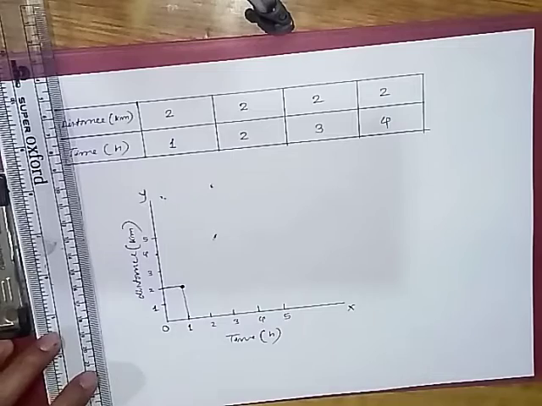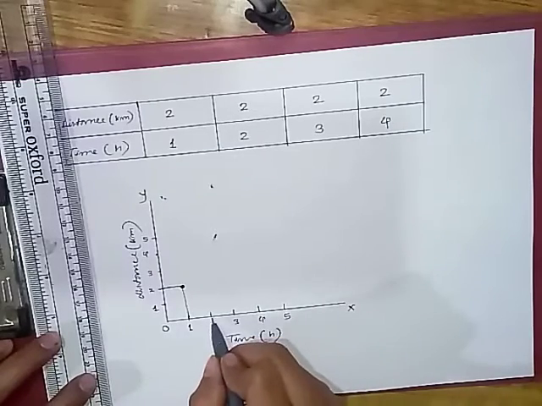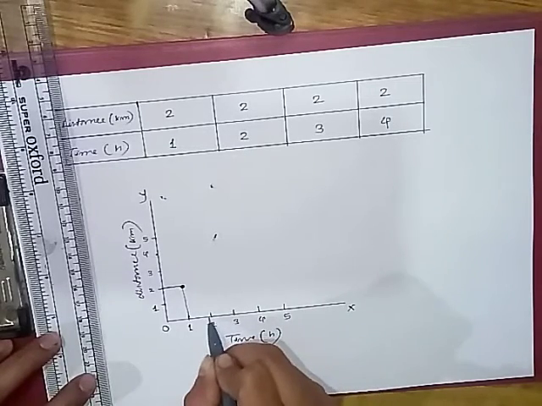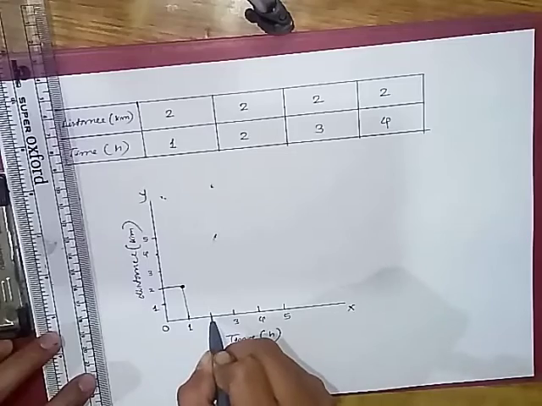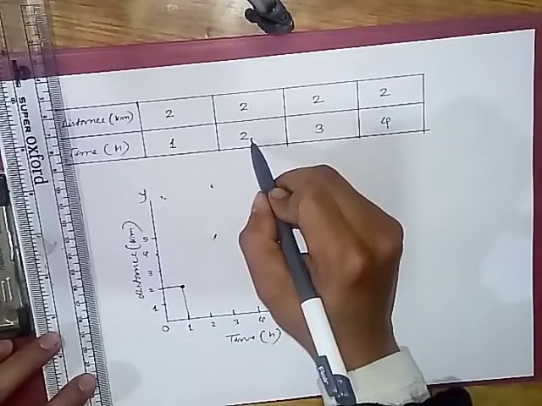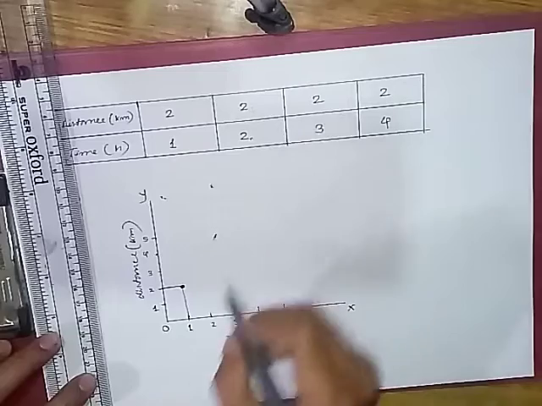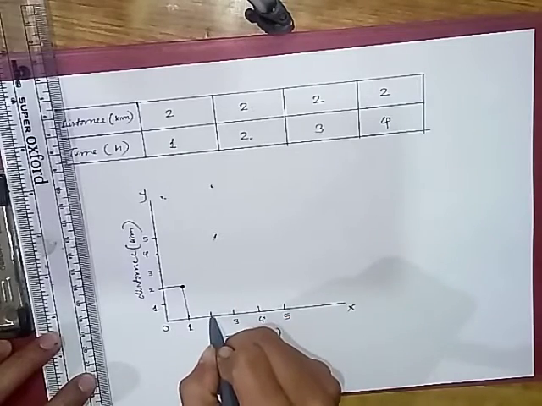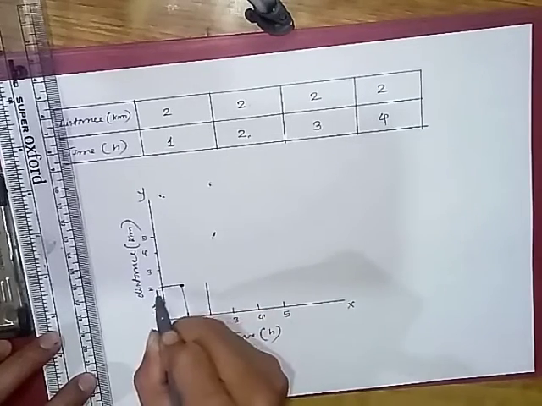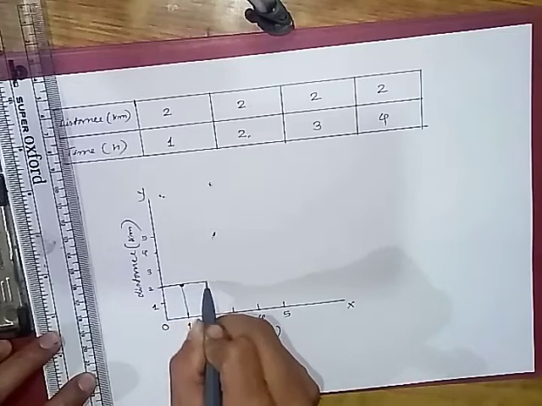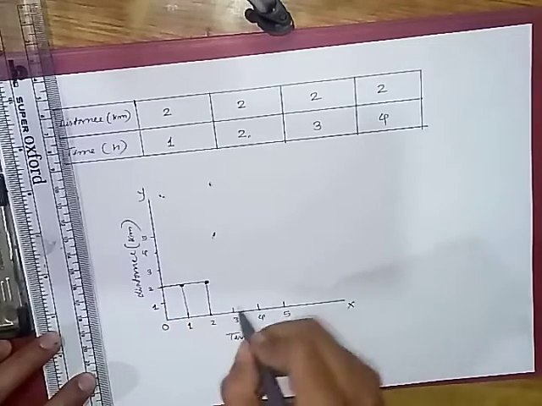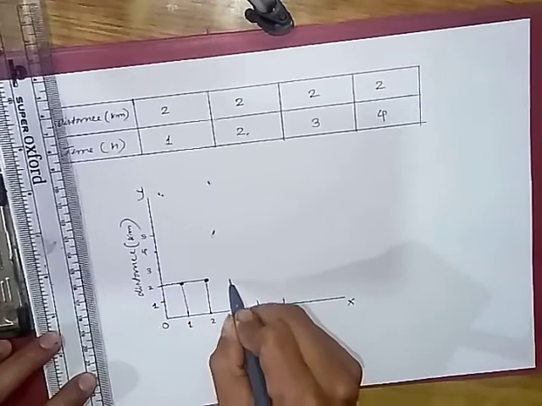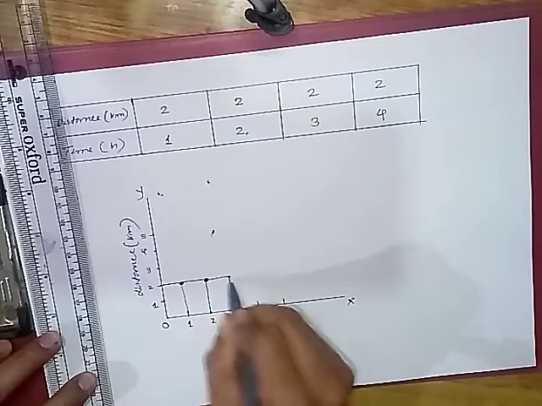And then when it is 2 hour, during 2 hour also, the distance is 2 kilometer. In 3 hour also, the distance is 2 kilometer.